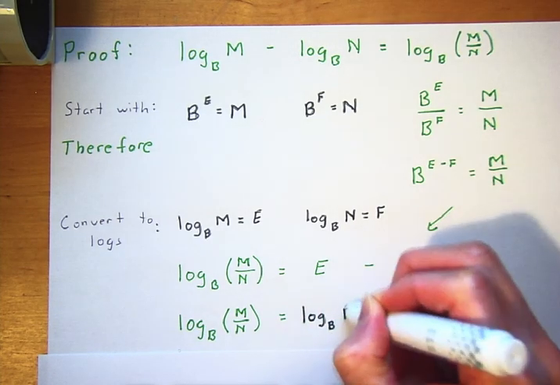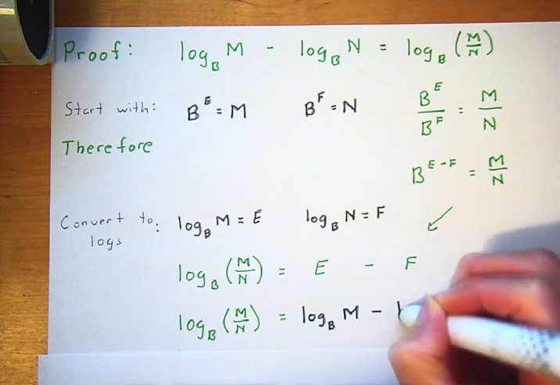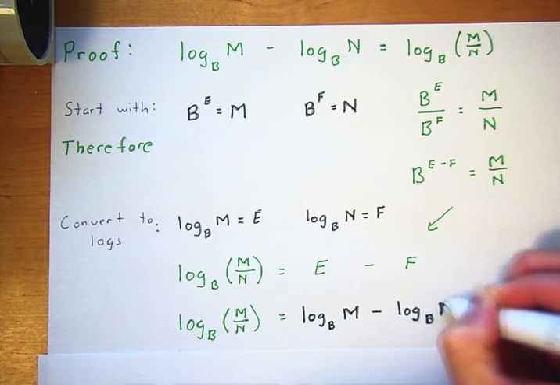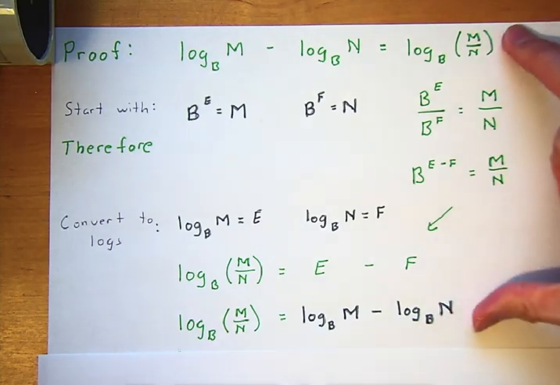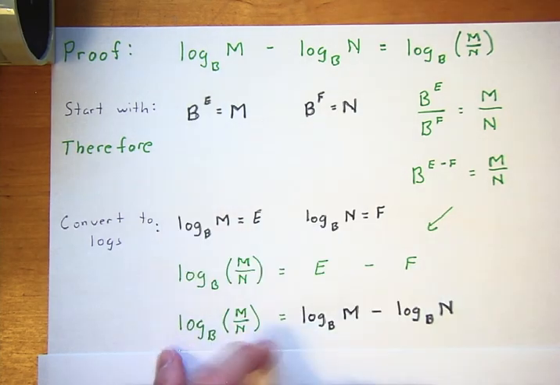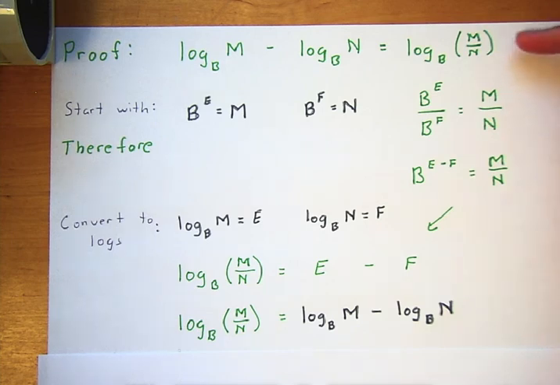And this is the exact same as that first line up here. The only difference is this side is on the left and then this side is on the right, but it still proves this property right here. Pause whenever you're ready. Hit play.